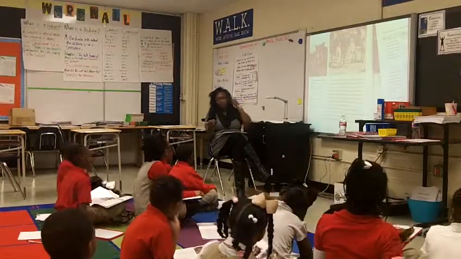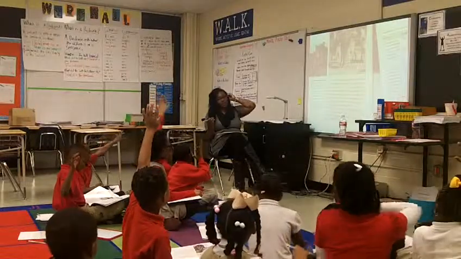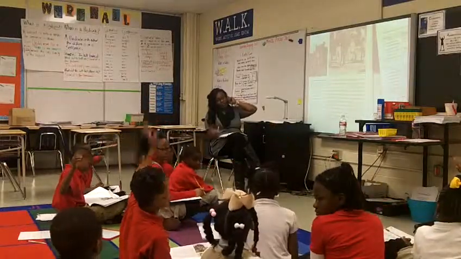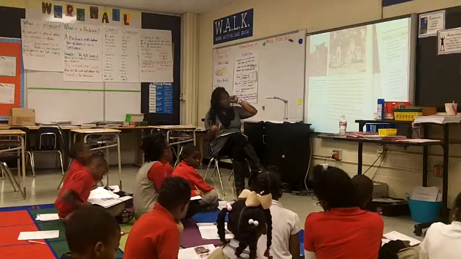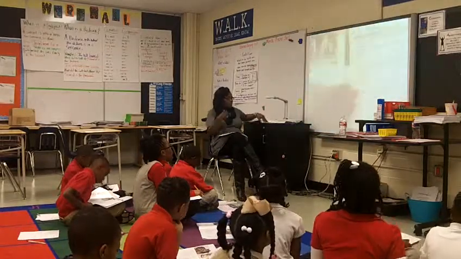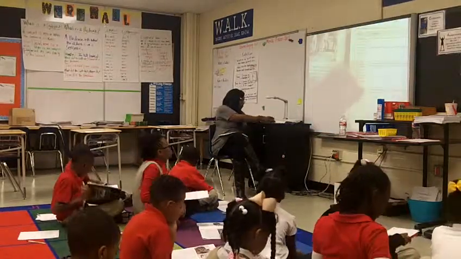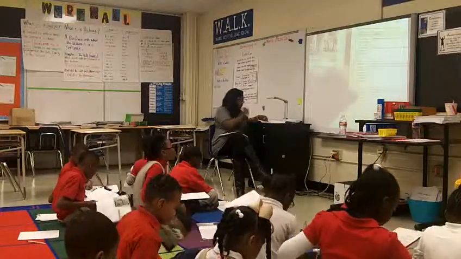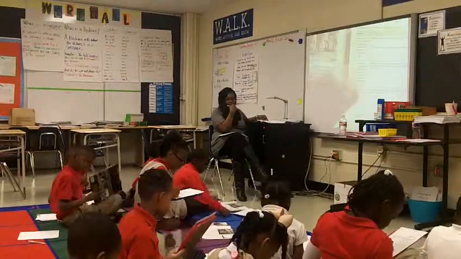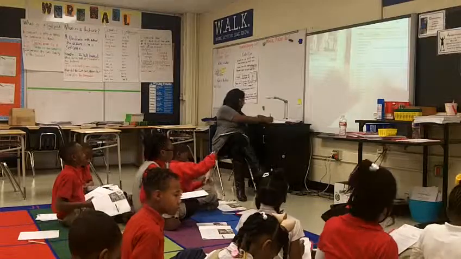Why couldn't he hunt though? Kamaya said something really important. Because he only had what? Three legs. He only had three legs. So I think that was really good. I want you to go ahead on your paper. It says, who are the wolves showing respect to? What is his name? Broken Foot. Go ahead and write that down.